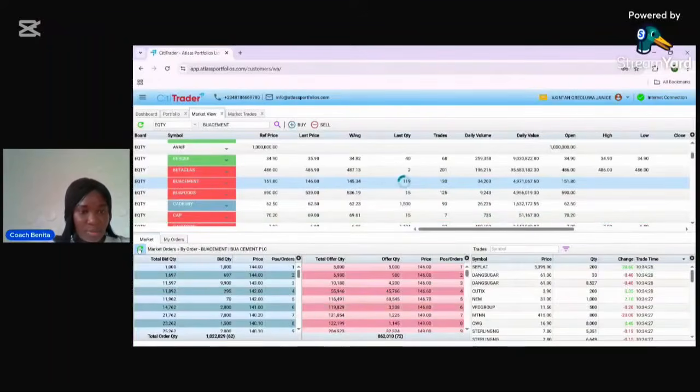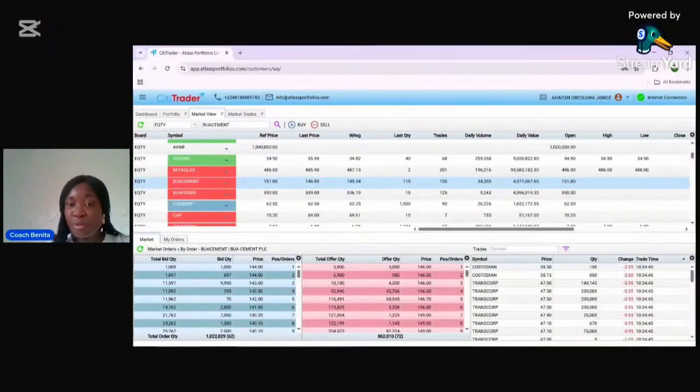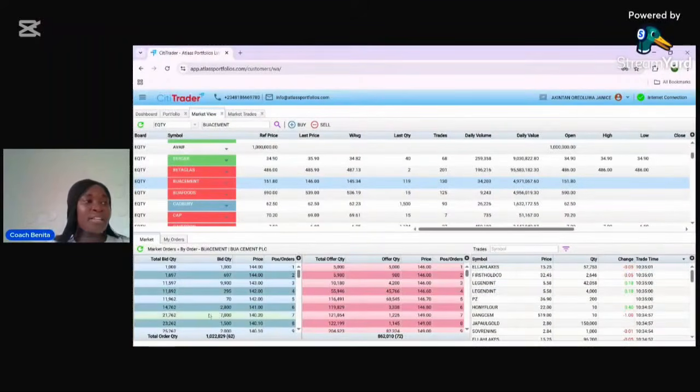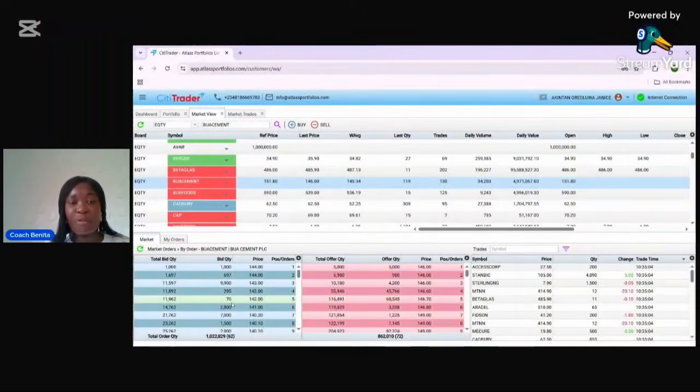Okay, this is what we have. So let's take a look at Boa Cement. Now, 62 people are ready to buy 1 million plus units, and 72 people are ready to sell 862,000 units. If you compare the initial 10 million units and 2 million units we had, you see that for Jais, we had a lot of pressure from buyers.